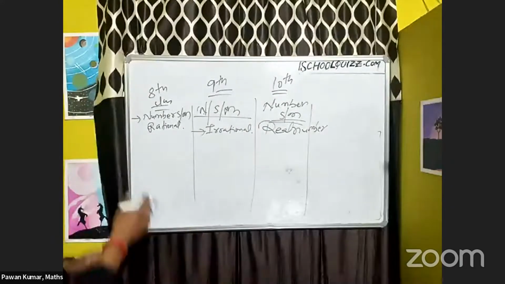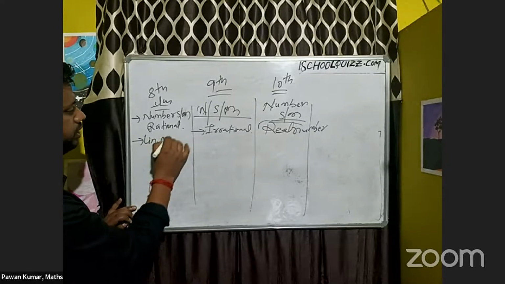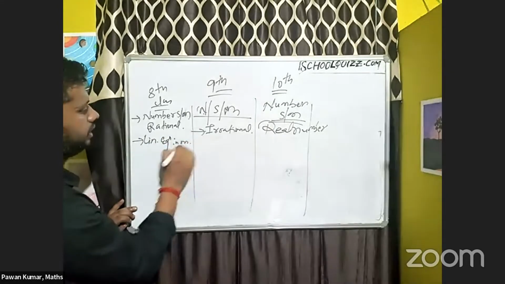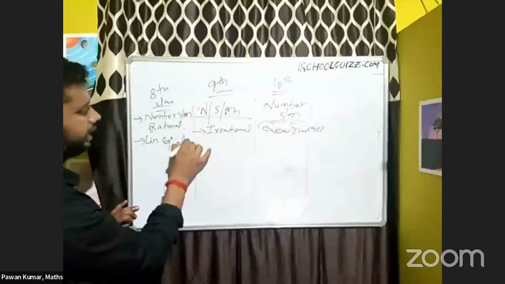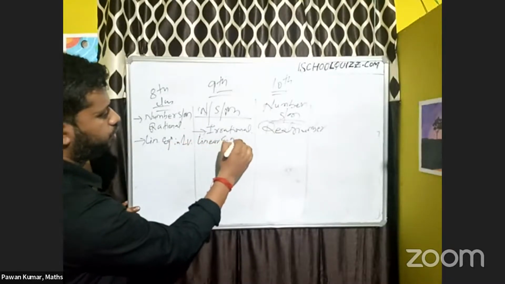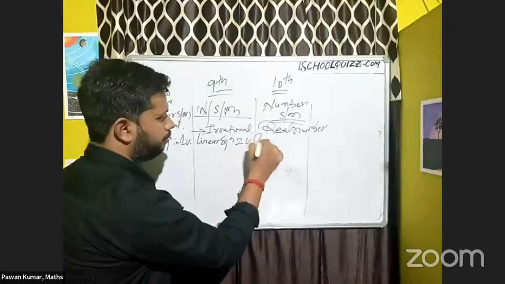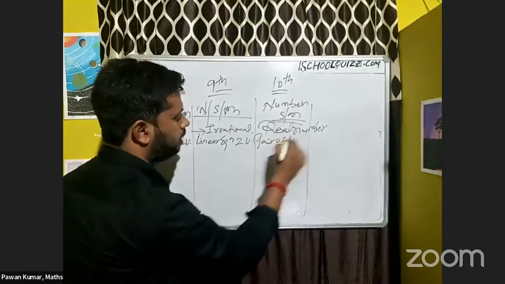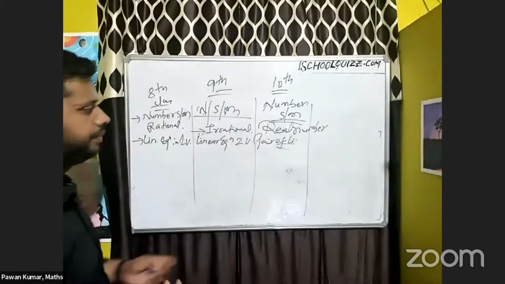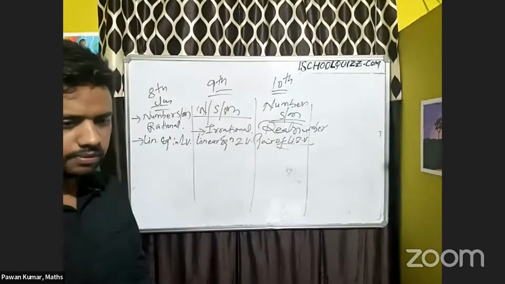Another chapter, like linear equation in one variable, is in the 8th class. Linear equations in two variables are in the 9th class, and then the same linear equations become pair of linear equations in two variables in the 10th class. Understand?